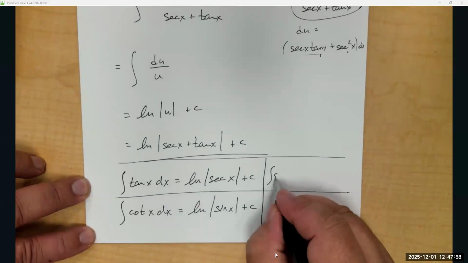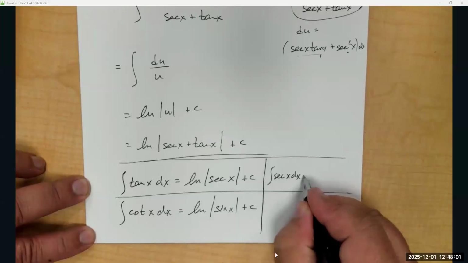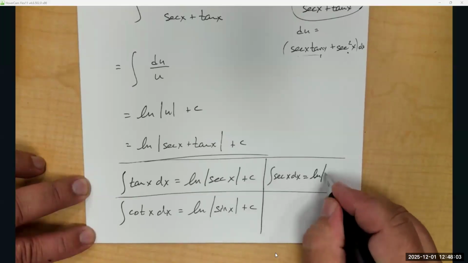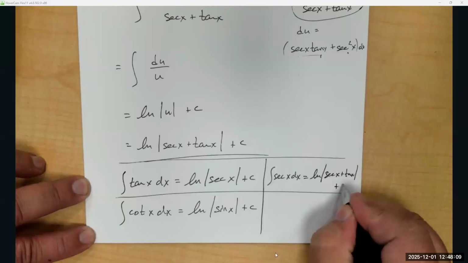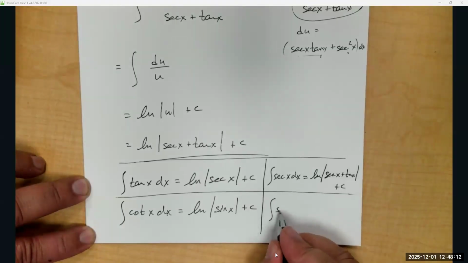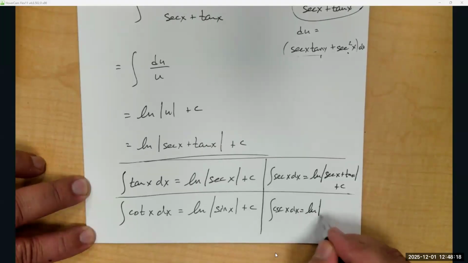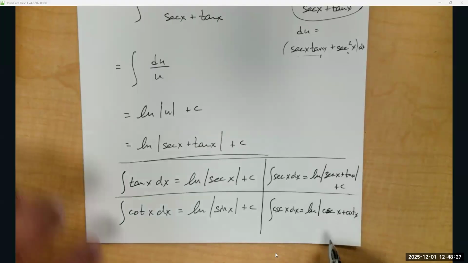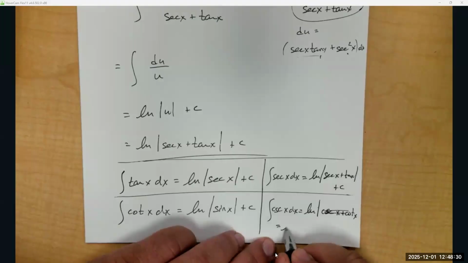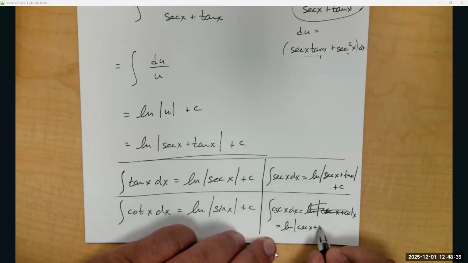The integral of secant x dx is the ln of secant x plus tangent x plus c, and the integral of cosecant x dx is the ln of cosecant x plus cotangent x plus c.